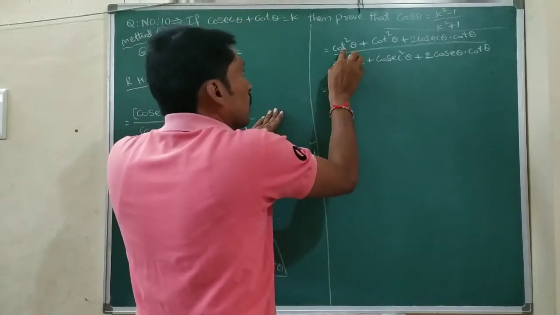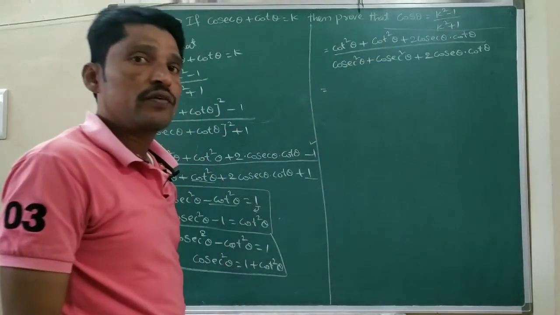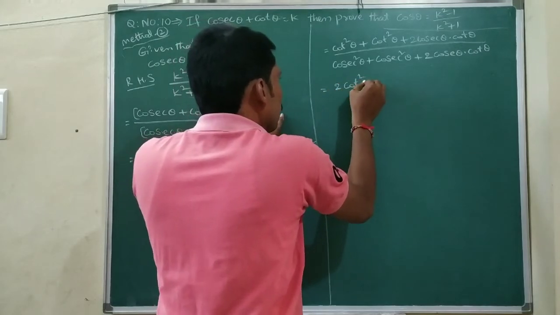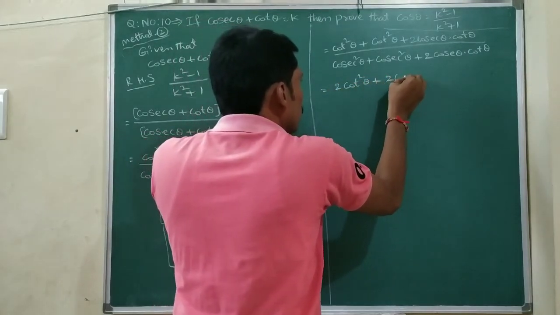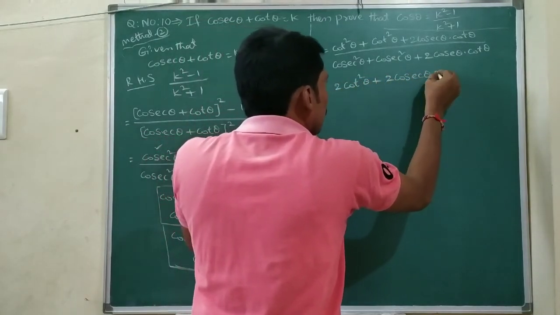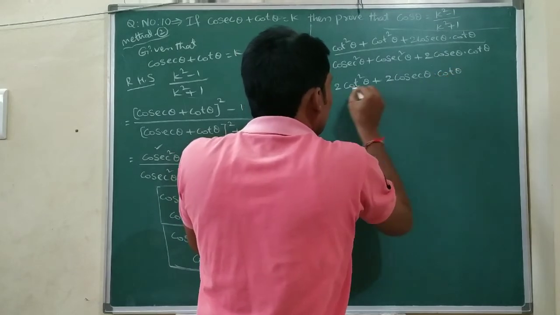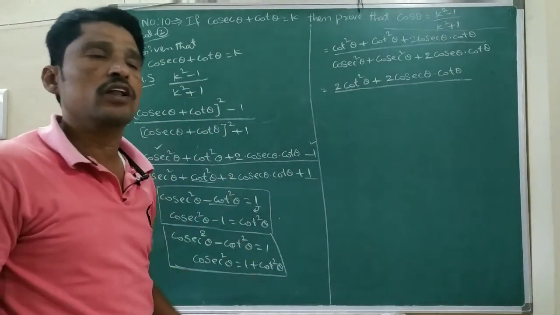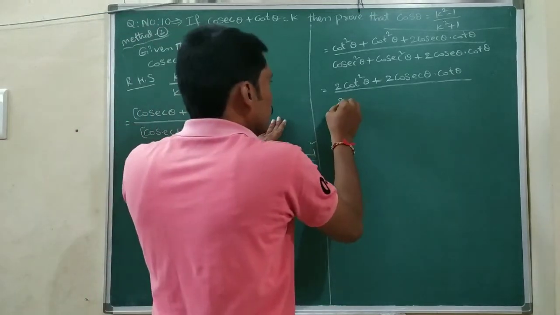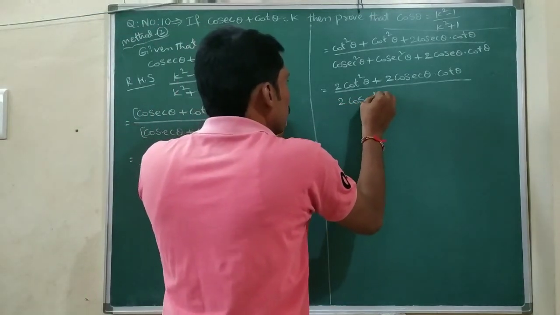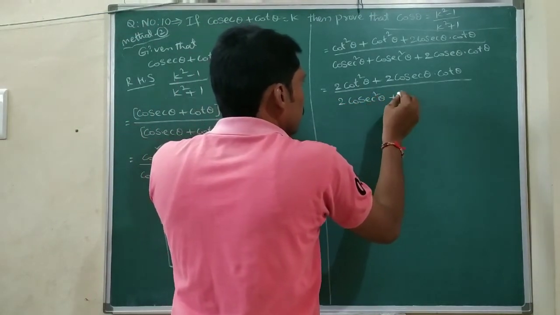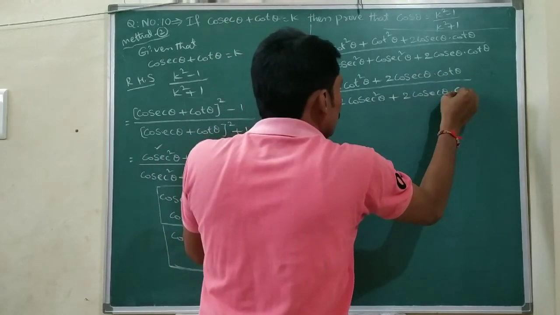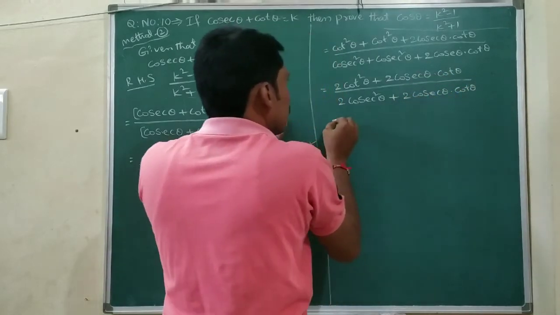That equals cot square theta plus cot square theta, that value we are getting 2 cot square theta, plus 2 cosec theta into cot theta, whole by cosec square theta plus cosec square theta, 2 cosec square theta plus 2 cosec theta into cot theta.